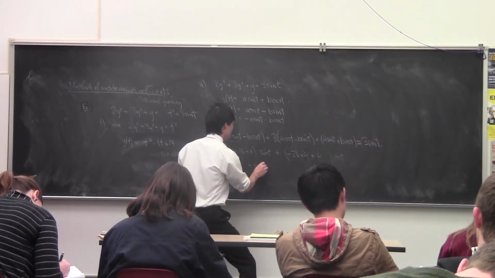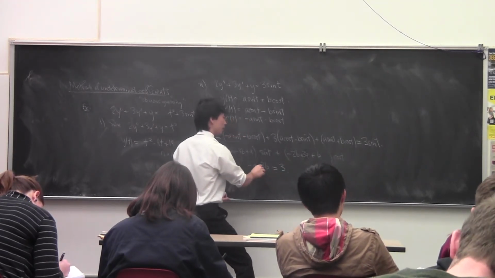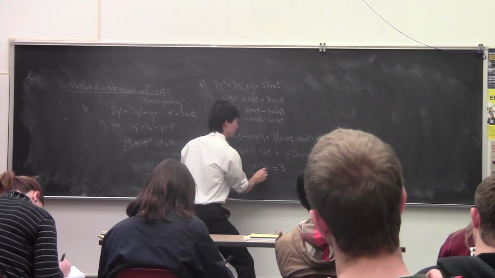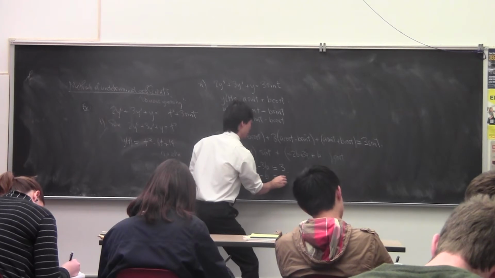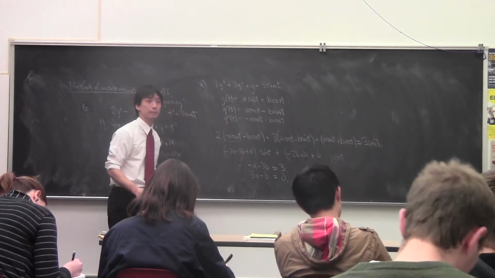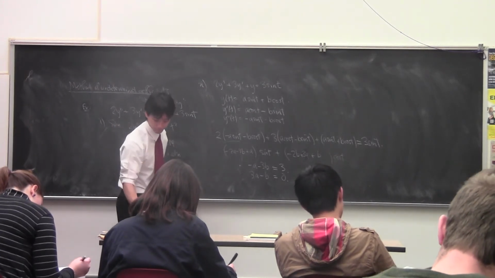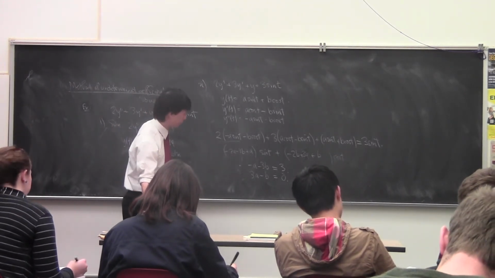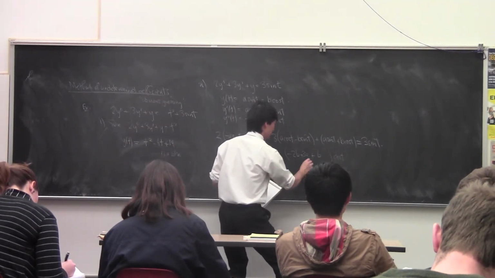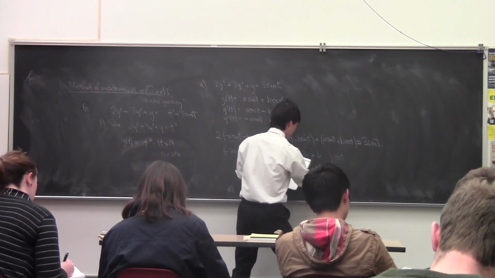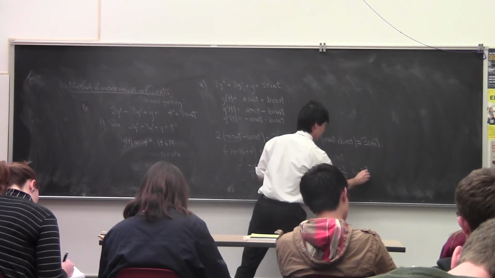So we get minus a minus 3b. So B is equal to 3A, and you work that out however you feel like, and you get A is equal to minus 3/10, and B is equal to minus 9/10.